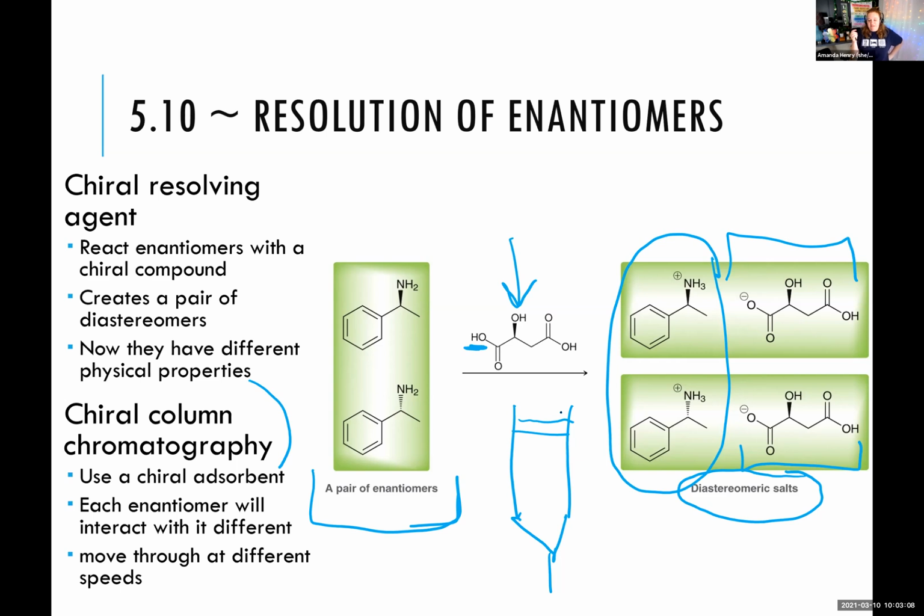We use that in lab all the time, and the compound goes through that, and as it's passing through, it separates compounds based on their polarity. So our compound that is more attracted to the solvent is going to move through faster than the one that isn't as attracted to the solvent. And so we can separate them that way as well.